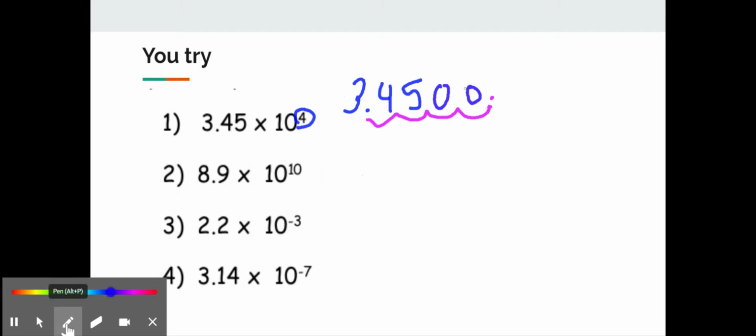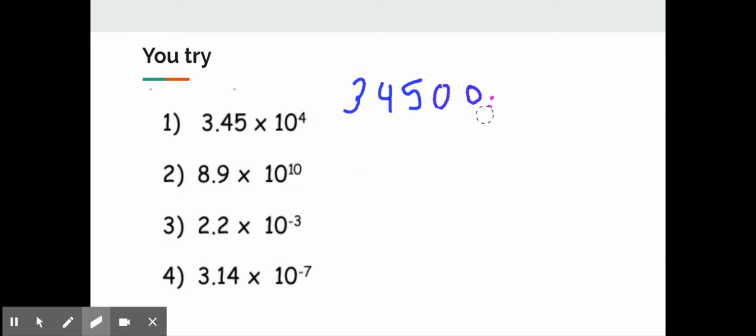Now, I do want to clean this up a little bit. So I'm going to erase this. And every time you count 3 from the right, that's when you put a comma. So this is 34,500.